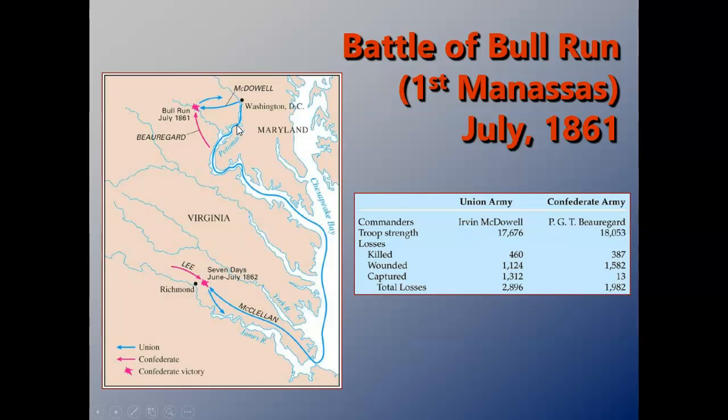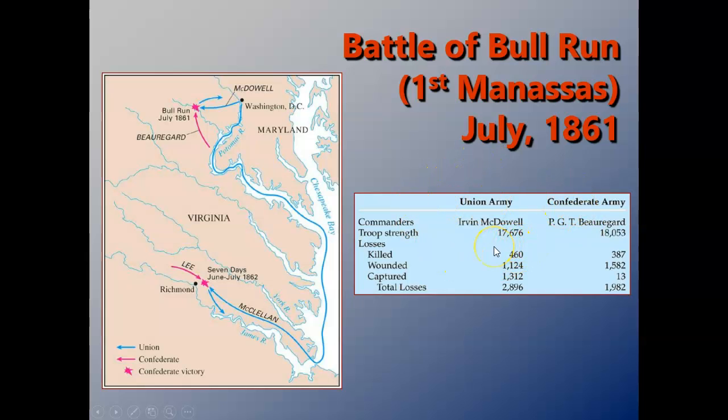Now, in a lot of ways it's a minor little skirmish outside of Washington. People actually ran out and threw out their picnic blankets to watch the show. And the show that they watched turns out to be a very bloody battle. So, a minor engagement right outside of Washington between these two forces in July of 1861.